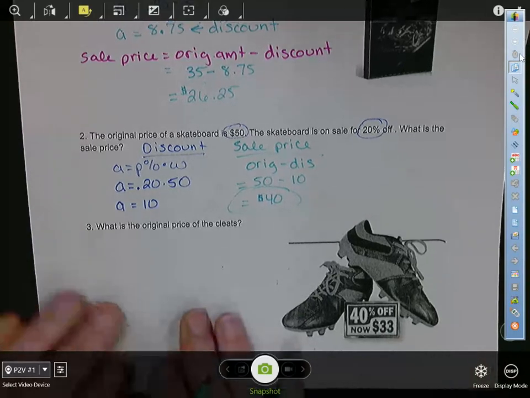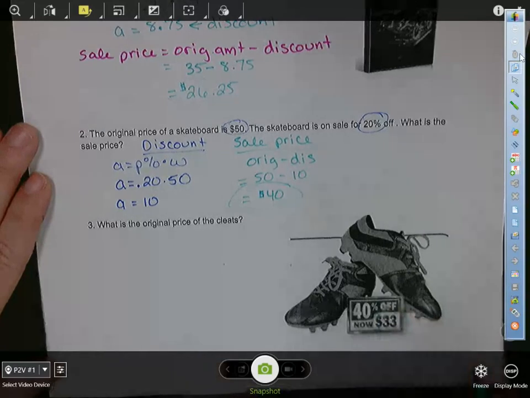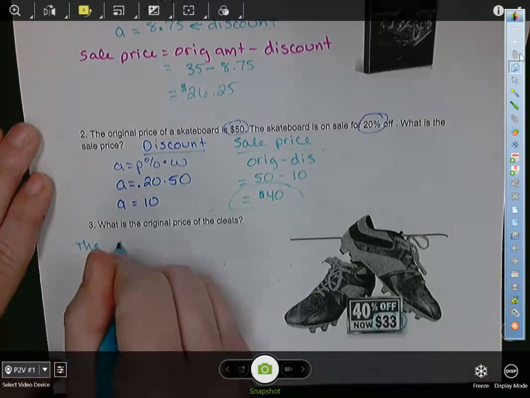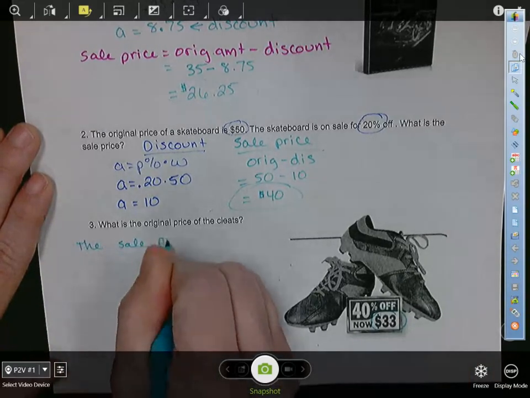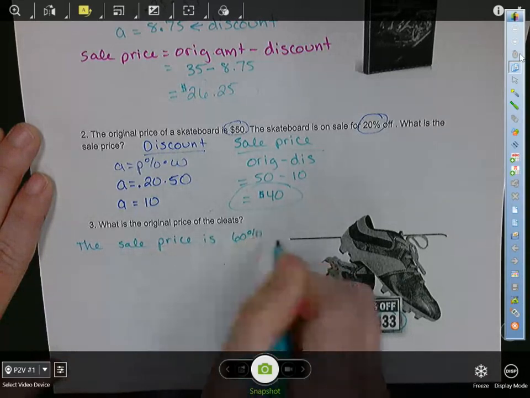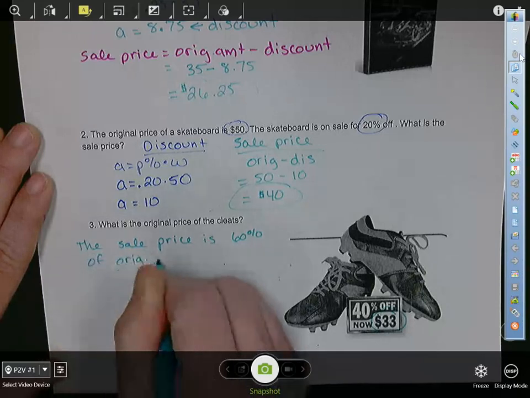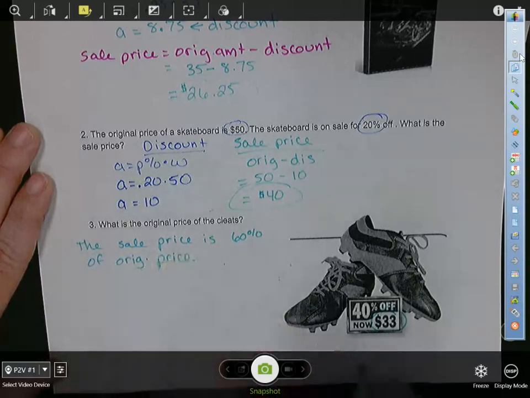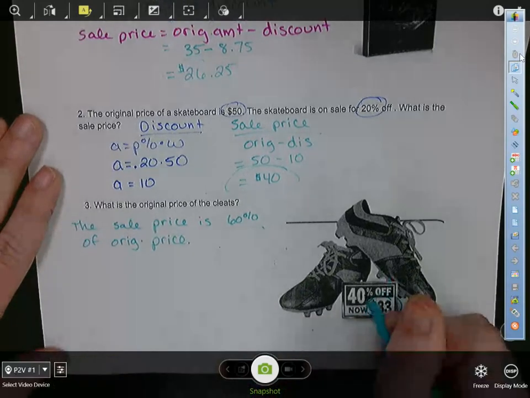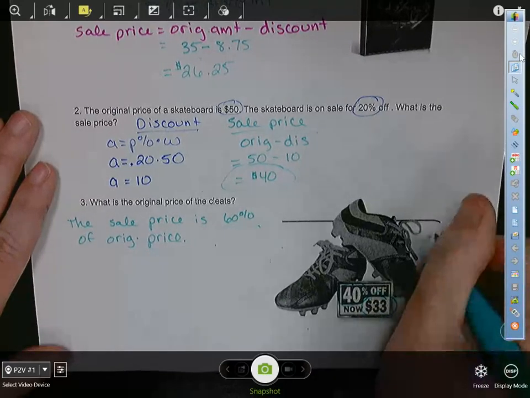Well, the sale price, this amount here, $33, is going to be 60% of the original price. Now you're thinking, how in the world did I know that it was 60%? Well, if they were 40% off, the original amount would be 100%.